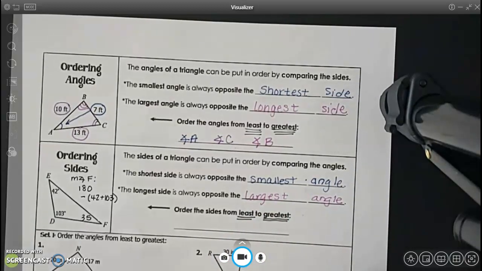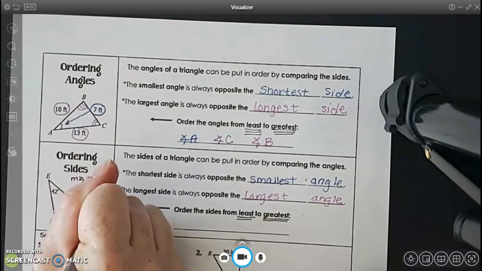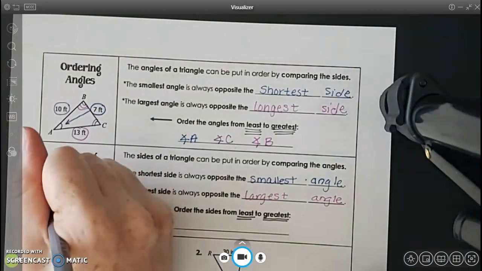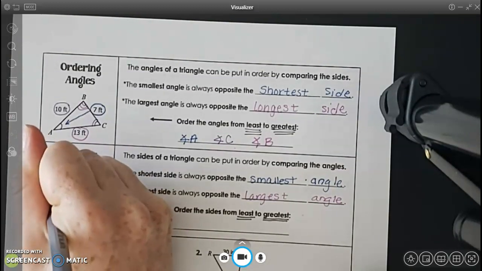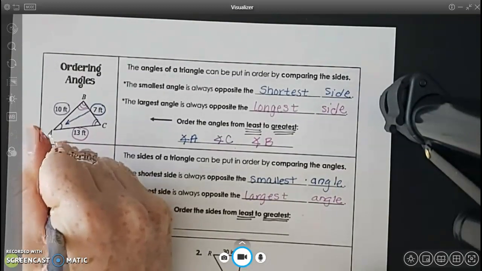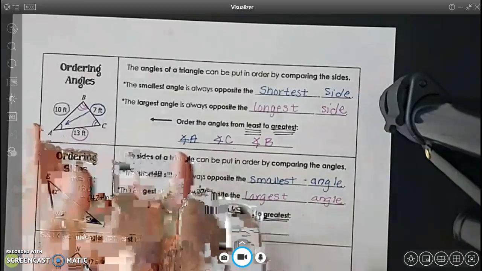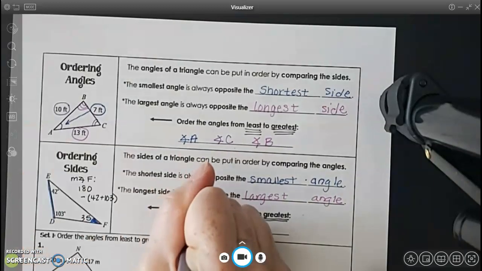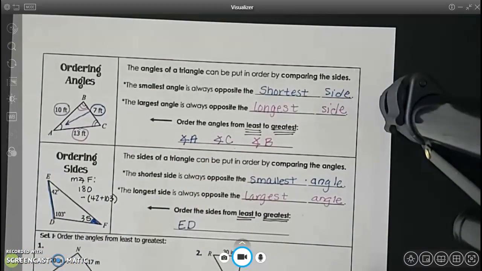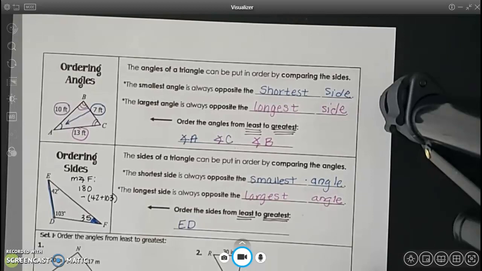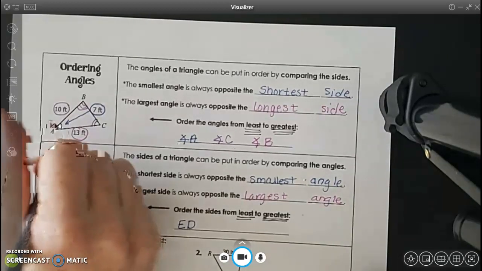So side ED is our smallest side. The one in the middle will be the next largest angle, which is 42. So angle E is the next largest angle, and 42 is opposite side DF.